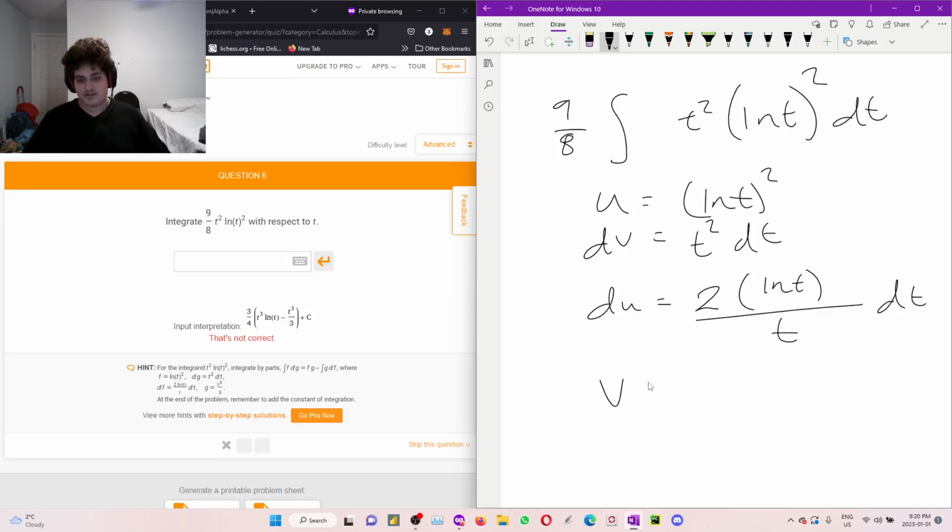and our v is just going to be t cubed by 3.